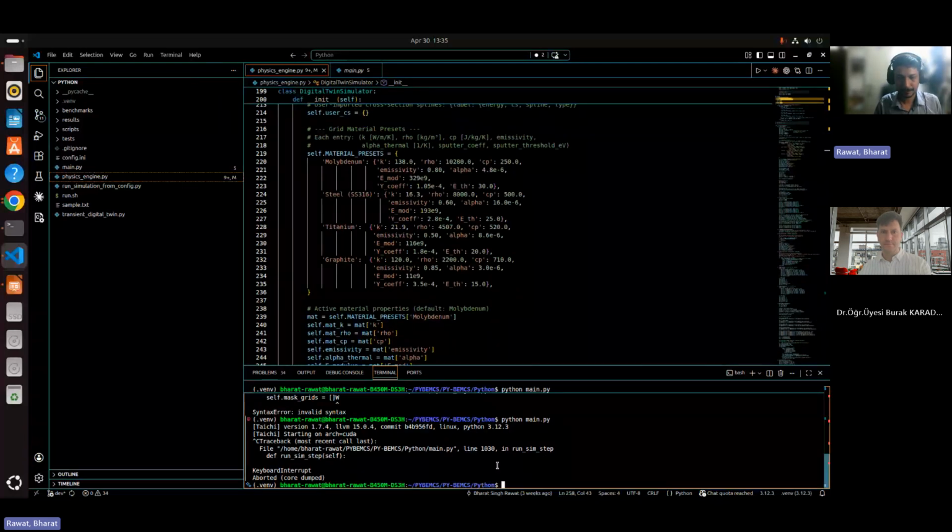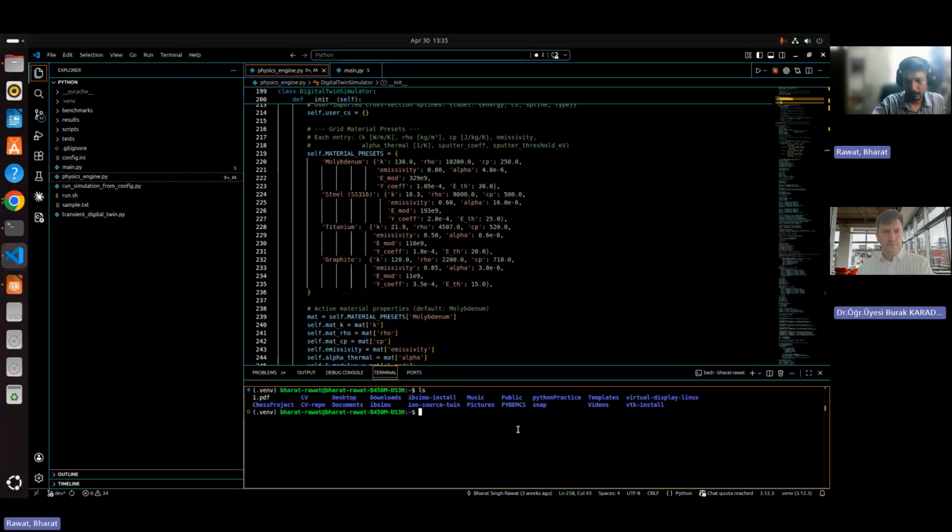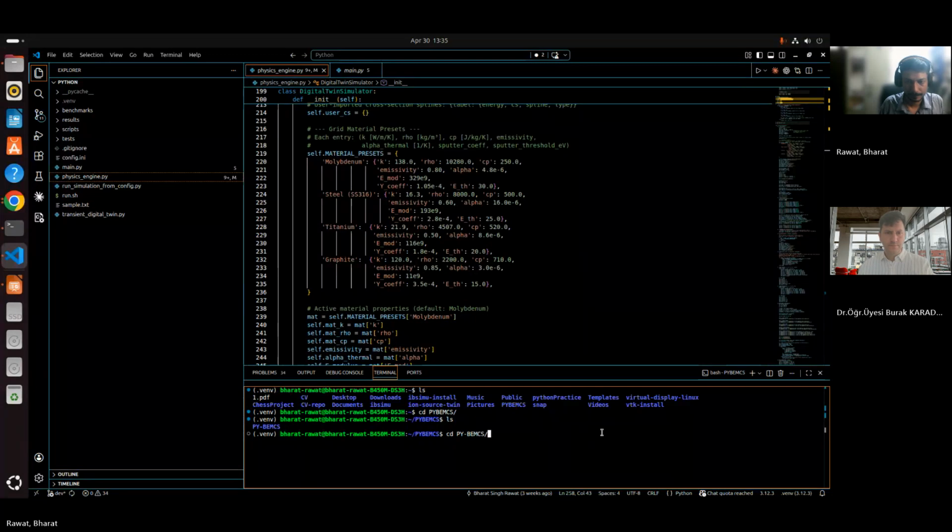So to run, let me go back. This is my home directory, and here I've installed PY-BEMCS. So I would cd into PY-BEMCS, and there is one more folder, so I will go in again.